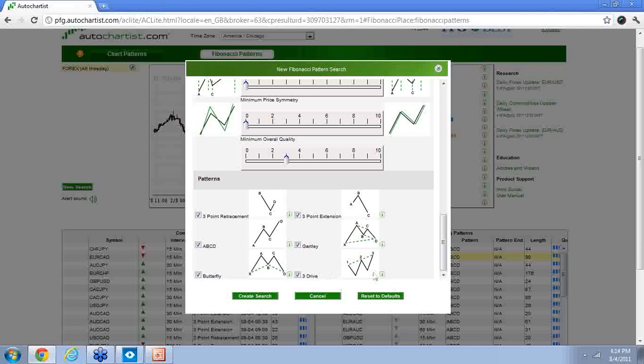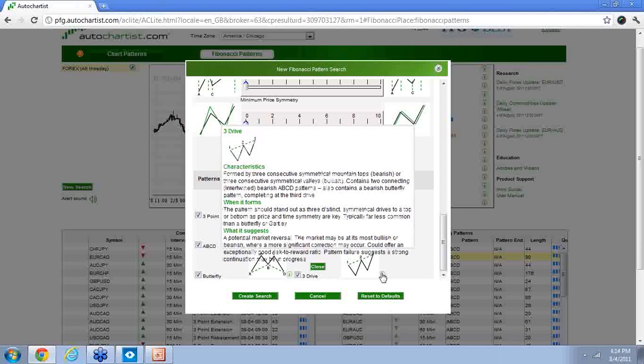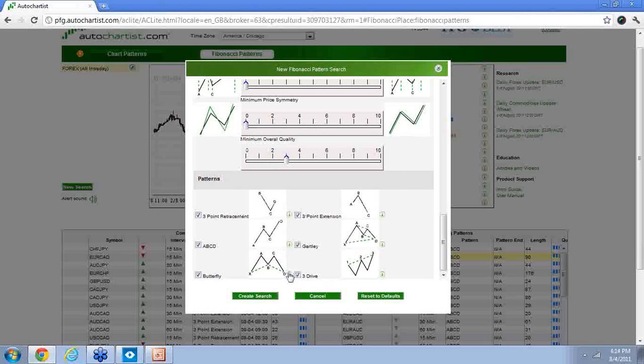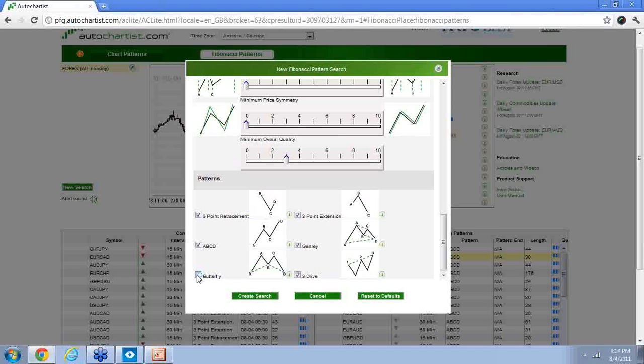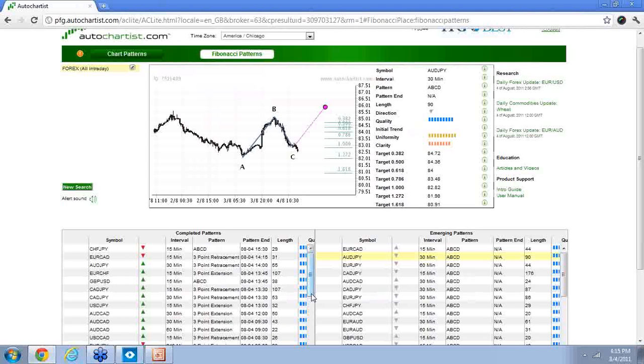And then we also have 3 drive patterns. So all this stuff you're able to find in here. You're able to filter by taking out, put it back. You can take out whatever you want, limit your searches, and you'll find different ways to look at it.